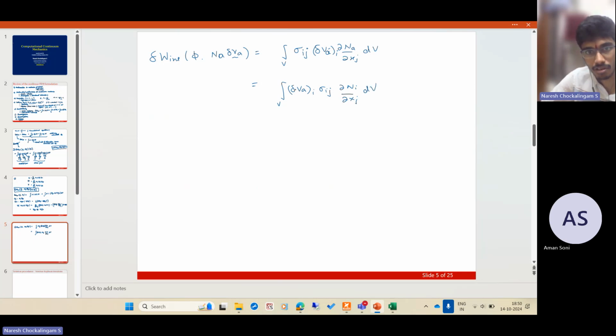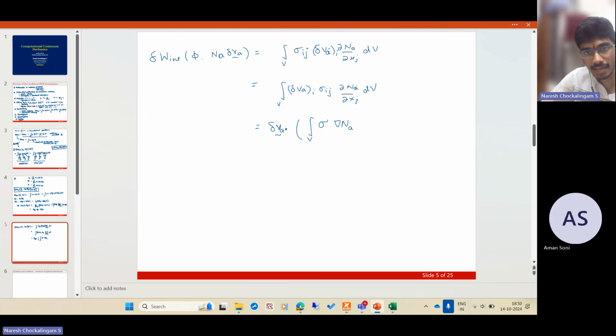So this is the volume, this is the velocity. These are different. This del VA is a constant that does not depend on the volume. It can come out. It does not depend on the deformed volume. This is prescribed, so this can come out. So it is nothing but del VA dot producted with the integral over the volume of sigma acting on grad NA. So this is sigma ij.